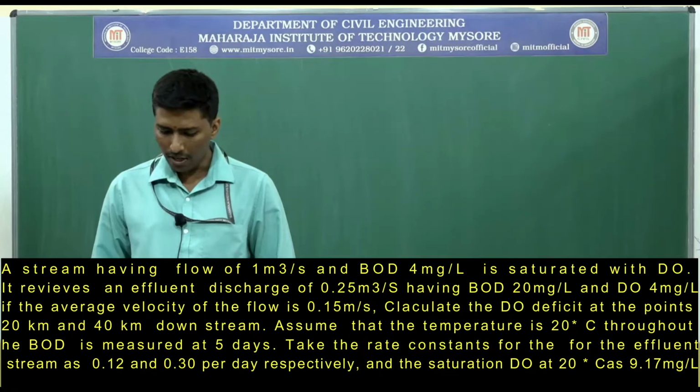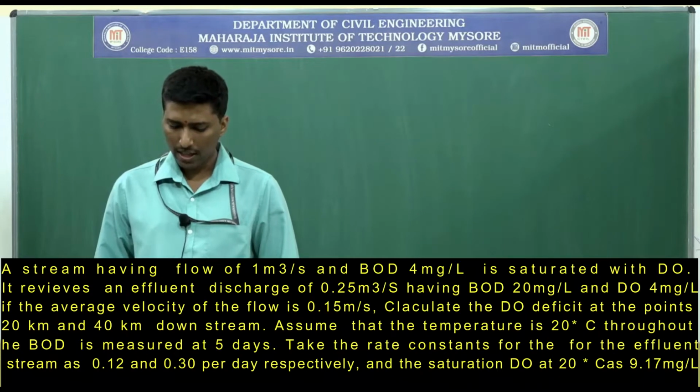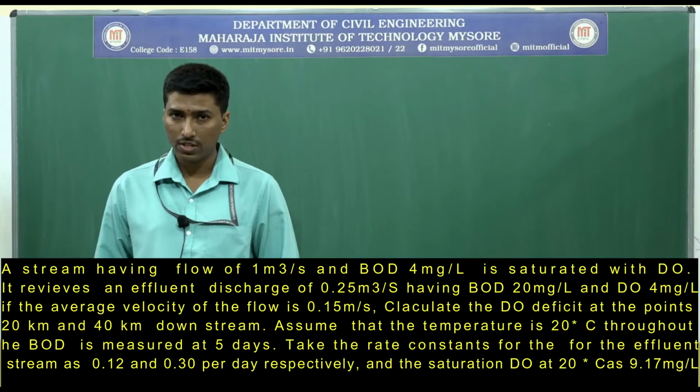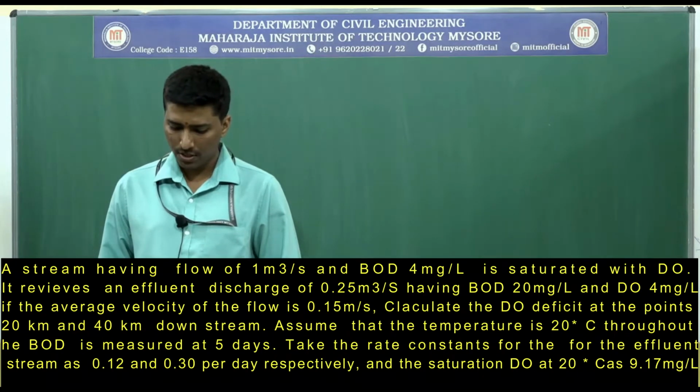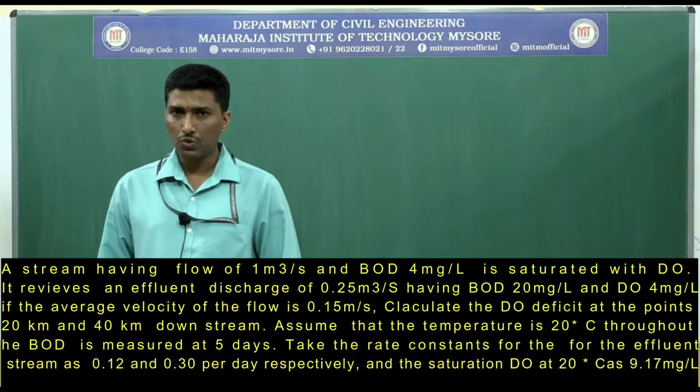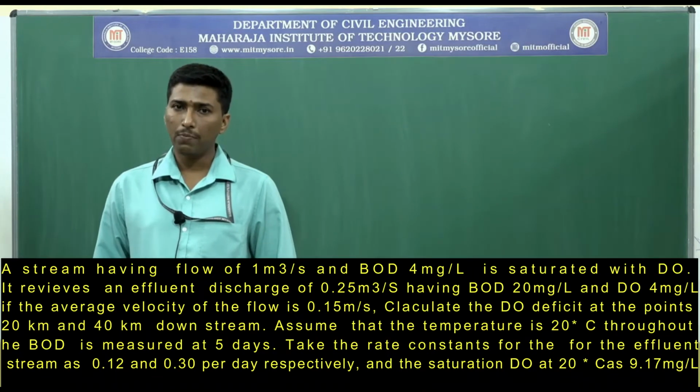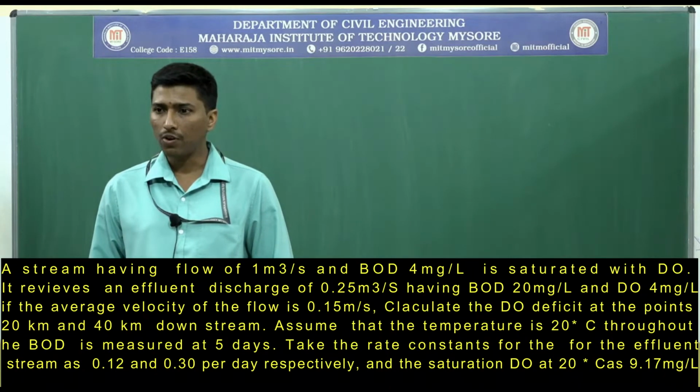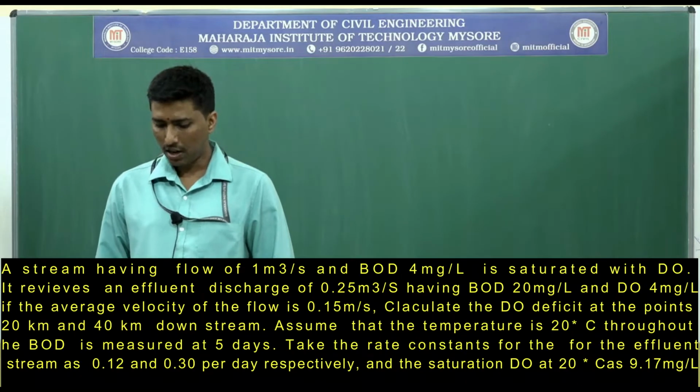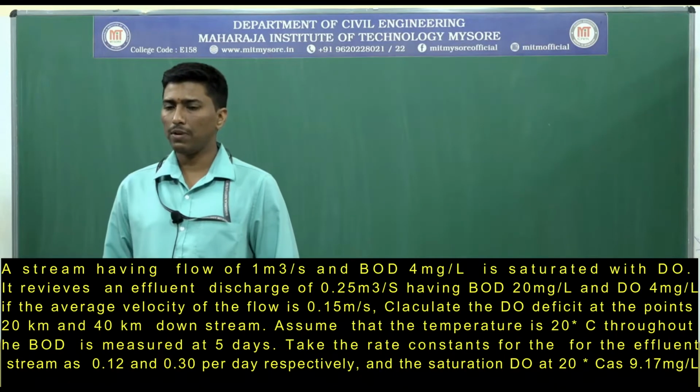If the average velocity of flow is 0.15 meter per second, calculate the DO deficit at the points 20 kilometer and 40 kilometer downstream.